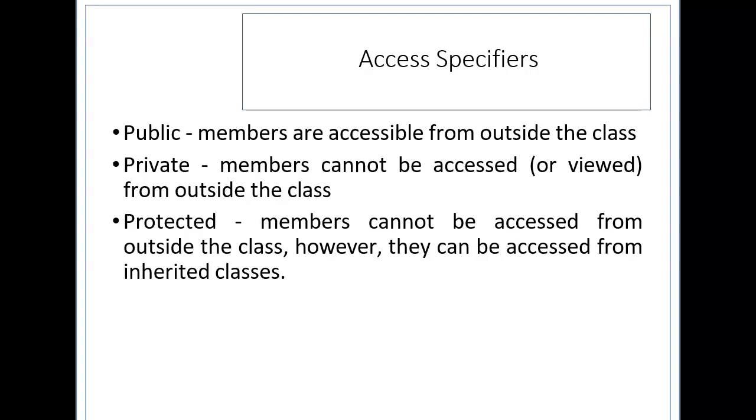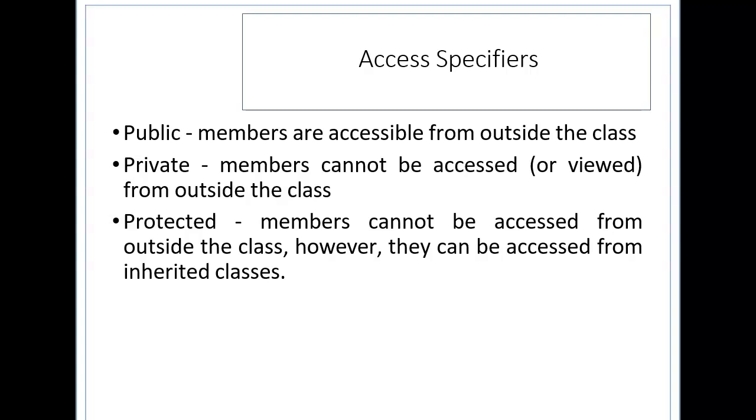First one is public, second one is private, third one is protected. Now when we are talking about access specifiers, they define the rules for how you are going to access the methods and attributes of the class. So access specifiers define how the members, meaning variables, methods, constructors of a class, can be accessed in object oriented programming.